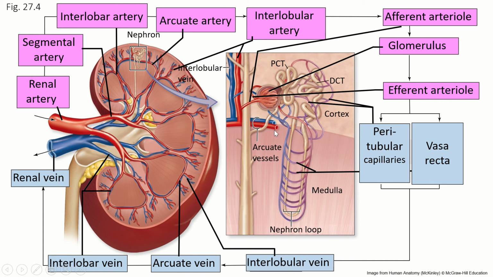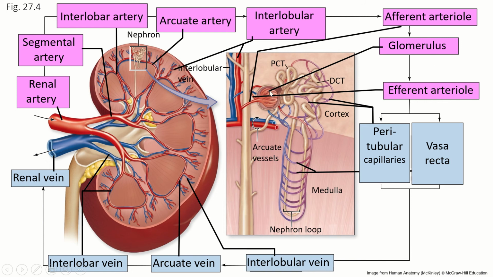Got the arcuate artery here, the interlobular artery here, and it's going to branch off an afferent arteriole. Okay, you remember afferent means arrive. So the afferent arteriole is going to bring blood into this little ball of capillaries called the glomerulus.